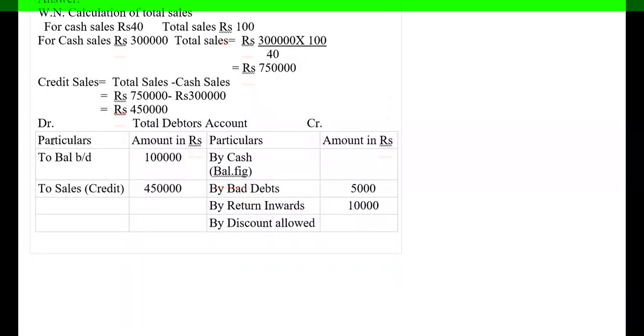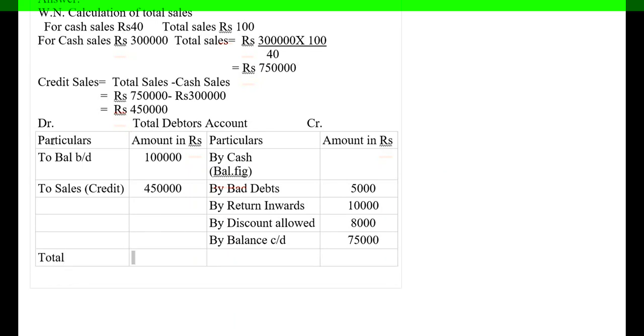Then the closing balance. So by balance carried down, which is given as rupees 75,000 here. So now let us take the total here. The total on the debit side is more here, obviously.